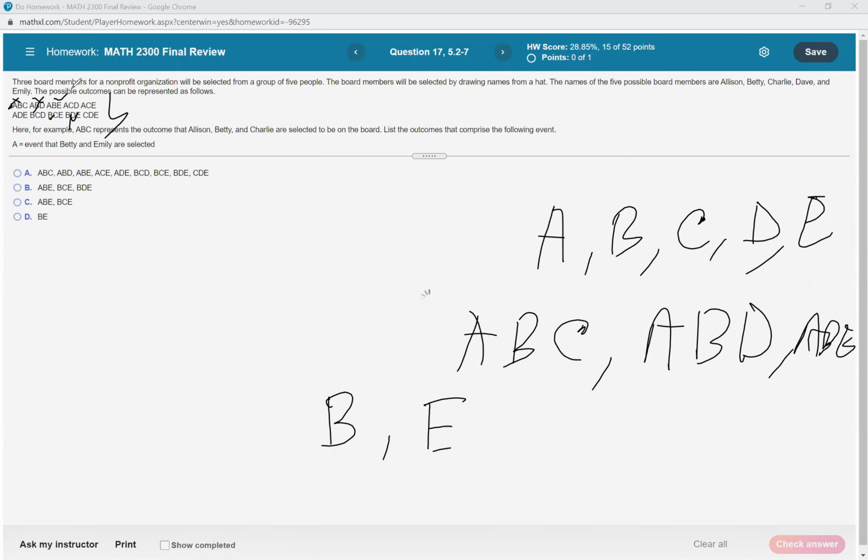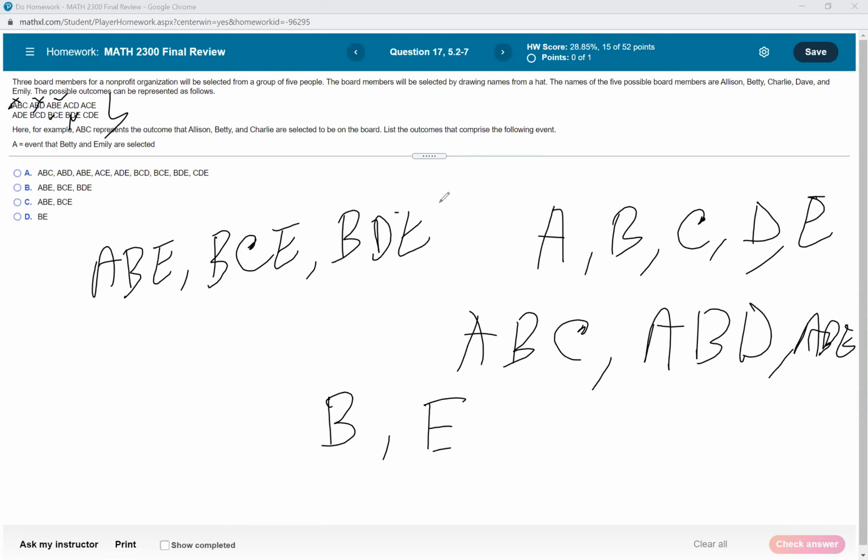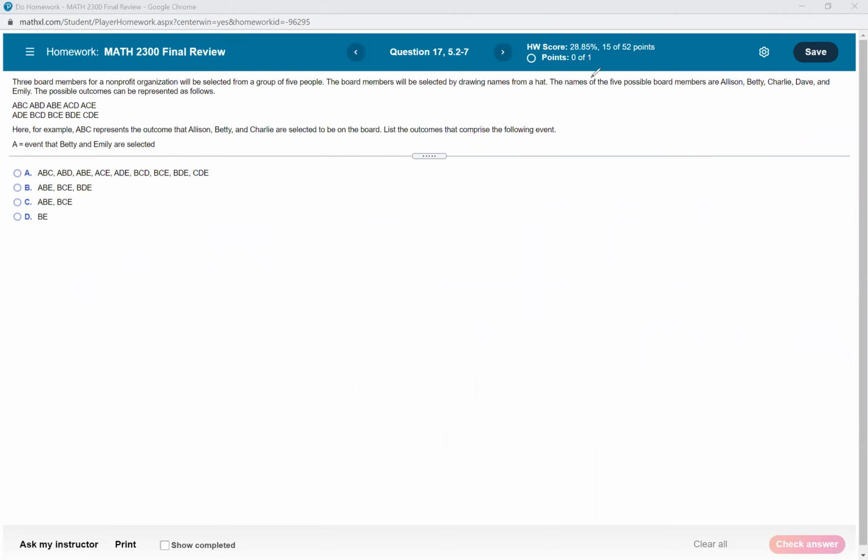So we have 3 outcomes, right? A, B, E, B, C, E, and B, D, E, where we have these 2 persons. So the correct answer for event A will be this one, option B.